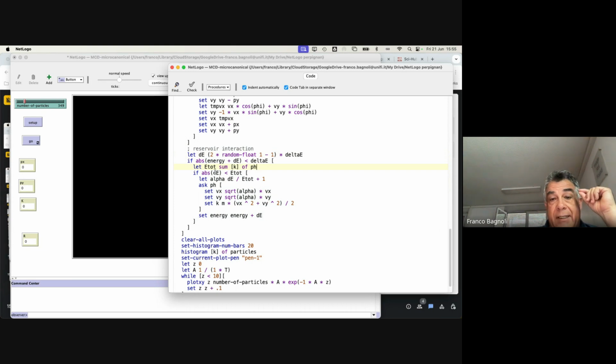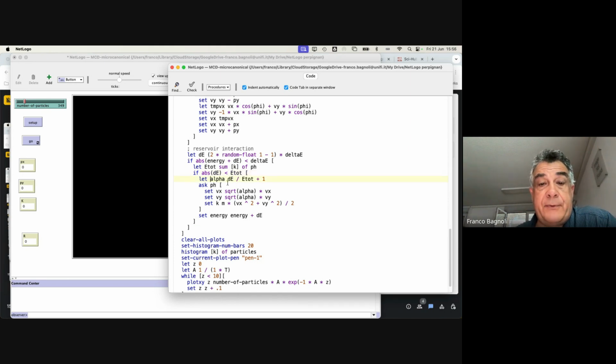Clearly, I cannot reduce the kinetic energy below 0 because it is strictly positive. So if this fluctuation is less than the total kinetic energy, I can proceed. Otherwise, I don't do anything.